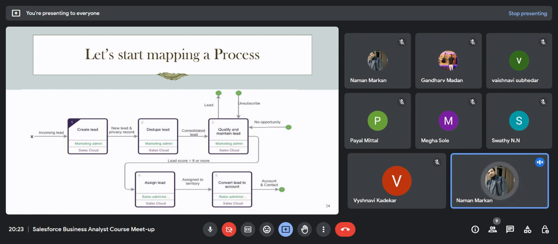That is also a criterion we ensured while converting the lead.